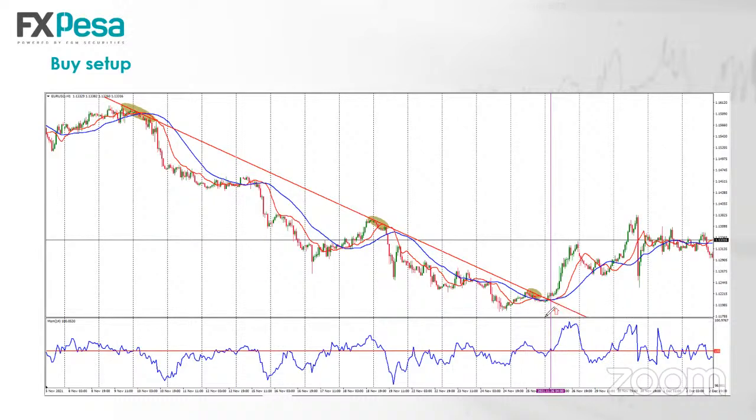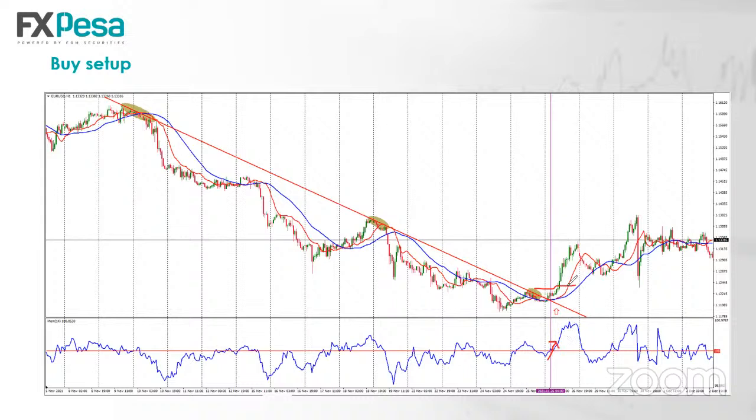So how do we confirm it's a clear break of a trend? The price breaks above the trend line, where you have 3 touches that did not break the trend. Here, the price broke to the upside. The moving averages crossed over to the upside. At this point here, if you look at the momentum, it also broke to the upside, maintained above 100.